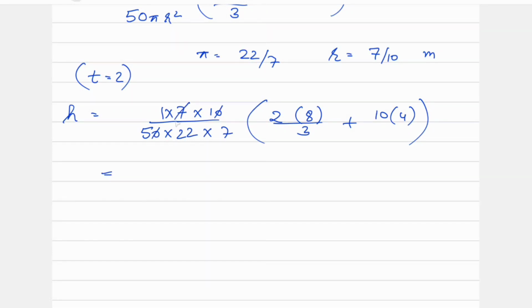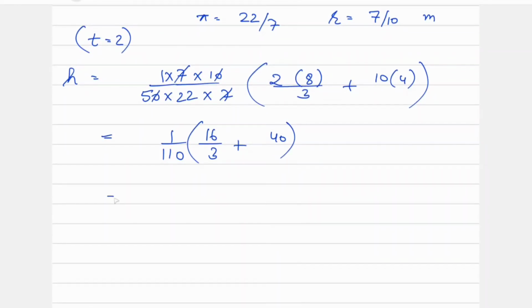Let's simplify this. 7 cuts off, so we get 1/110, and here we get 16/3 plus 40. So this comes out to be 1/110 times 136/3. On further simplification, we can cut this by 2, so this comes out to be 55 and this becomes 68.